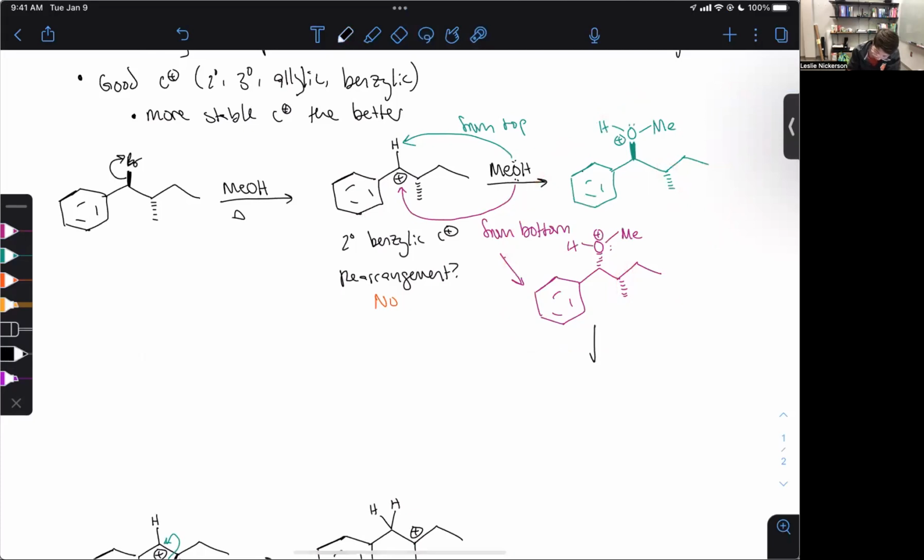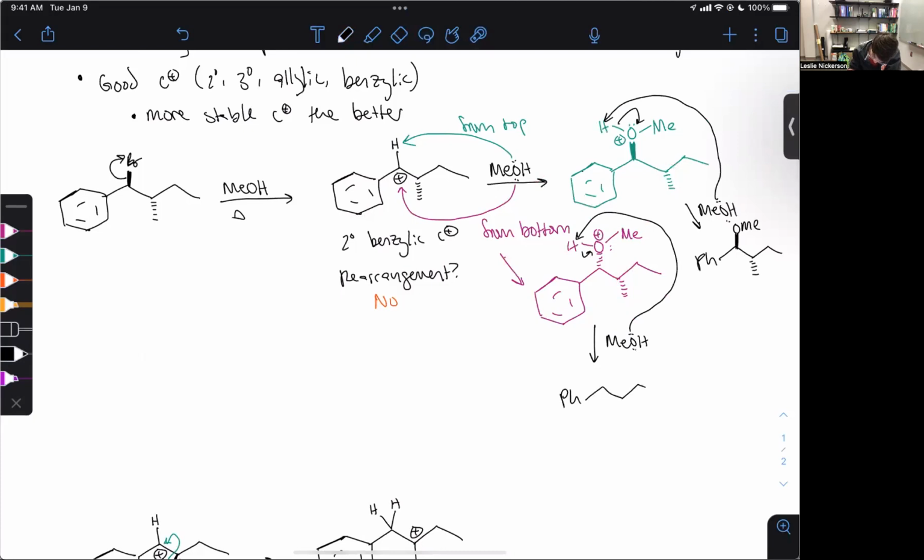So at this point, we're just going to have methanol come and act as a base to deprotonate that H on the O. I'm going to shorten this to get to that product, or my other diastereomer, to get here. Okay, so these are my two SN1 products.